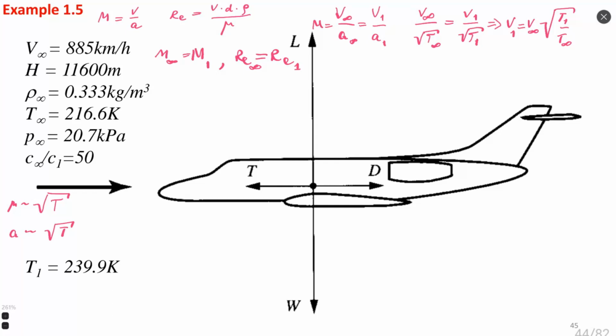Now, when we have all parameters known for this formula, I will just simply calculate. Just a moment, I will calculate here. 885. Okay, now first should be probably the square root. 240 divided by 216.6, take square root and multiply by 885.